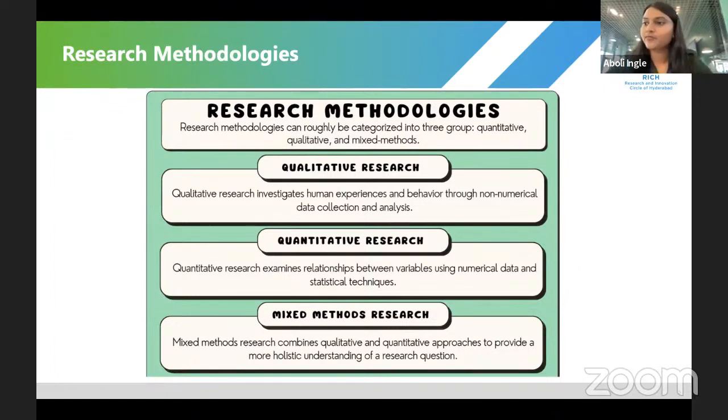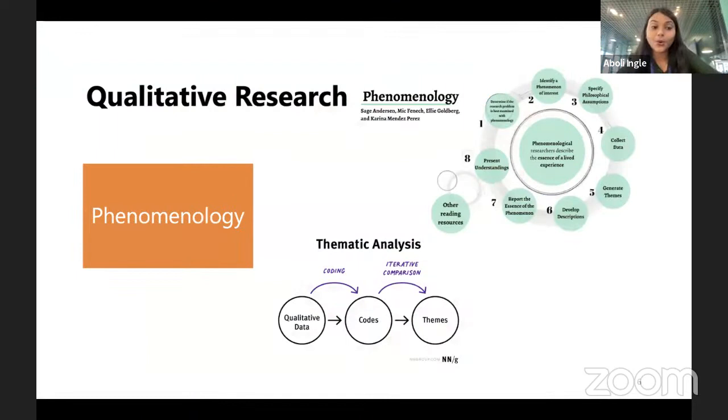So moving forward to qualitative research. Qualitative research is basically a method of inquiry which emphasizes understanding human behavior or experiences using qualitative data, may that be an interview, a focus group discussion, text, observation, or anything.